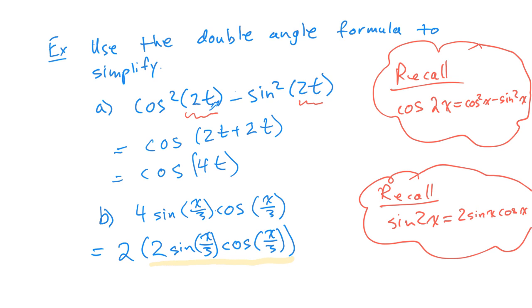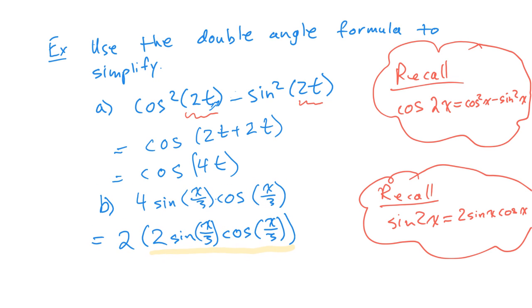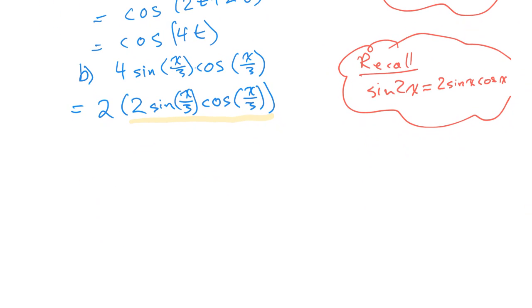Now we're going to move all this stuff up and continue with our problem. So now you've got our 2 of something in our bracket. What we can do is replace what we have in our bracket with sine of 2 times the stuff that was inside here.